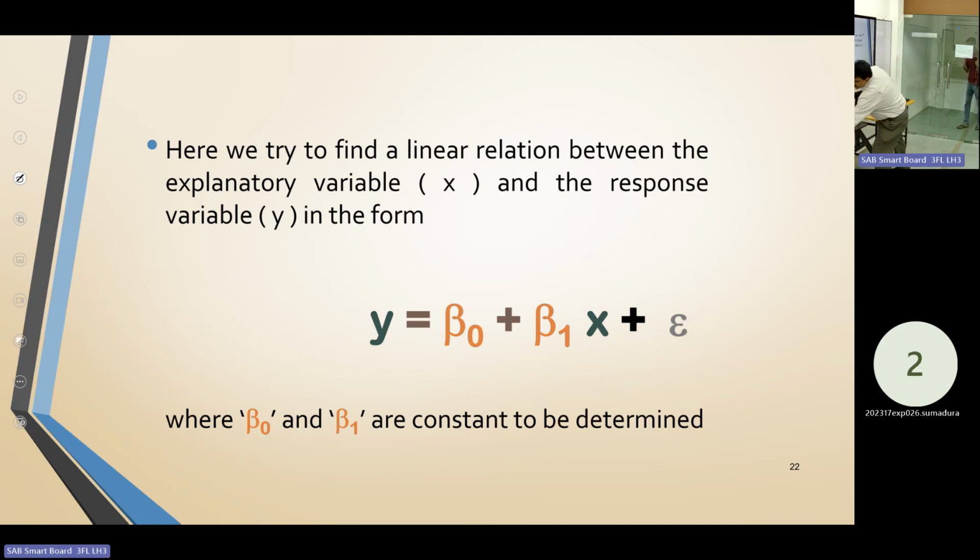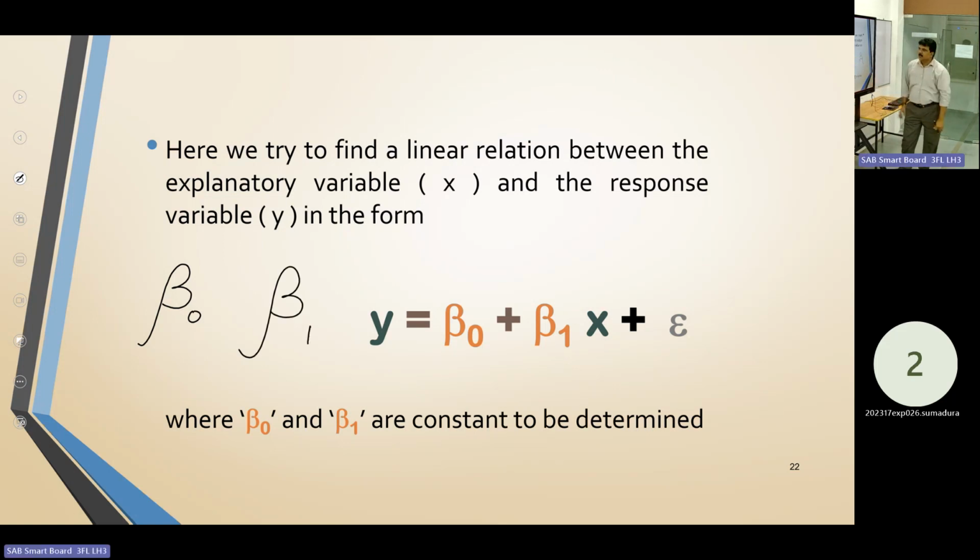Beta, we write like this. Beta naught, beta 1, and this is epsilon. There is another symbol like this, but this is not what we have here. Here we have this one. This is epsilon.